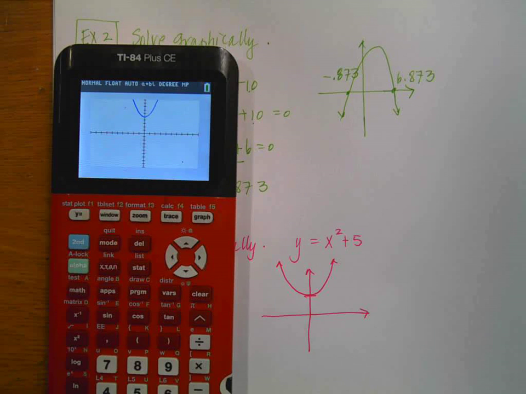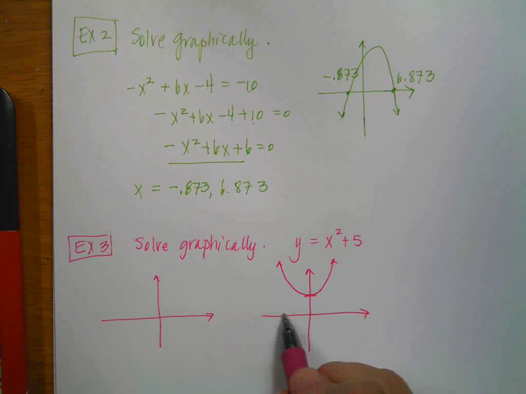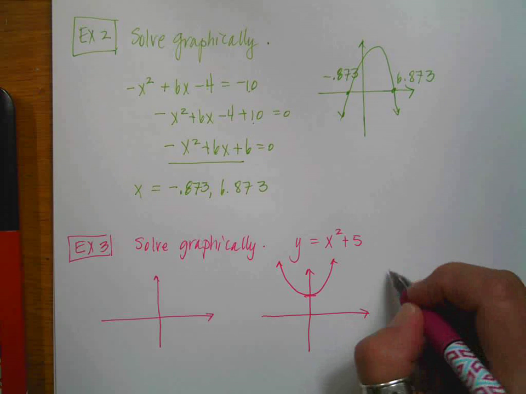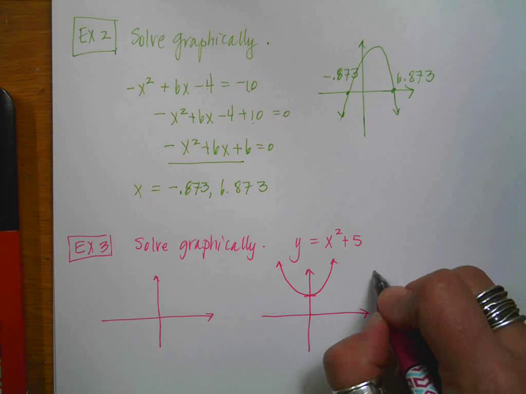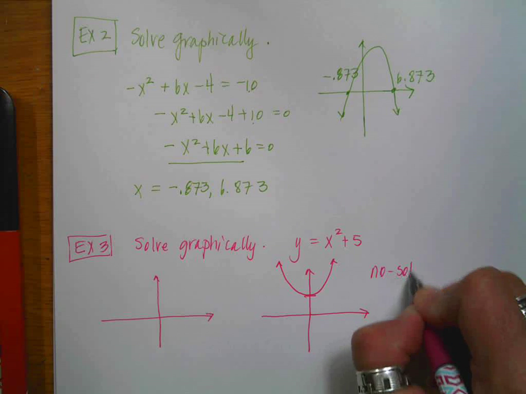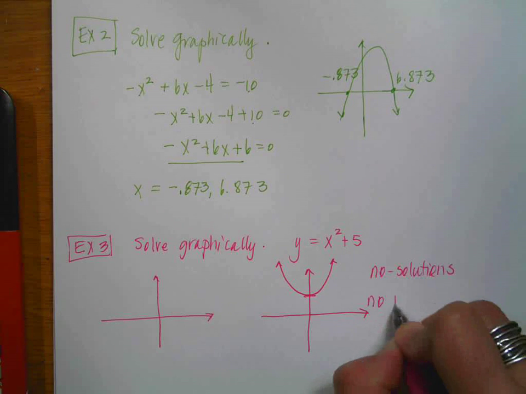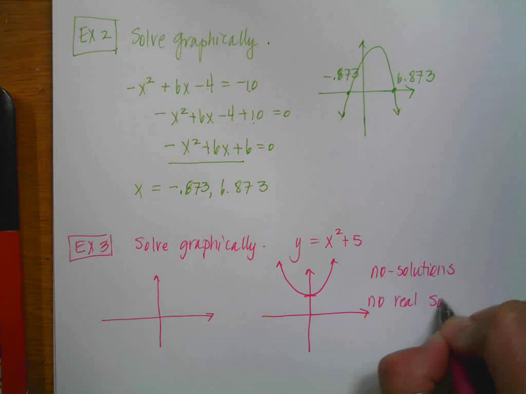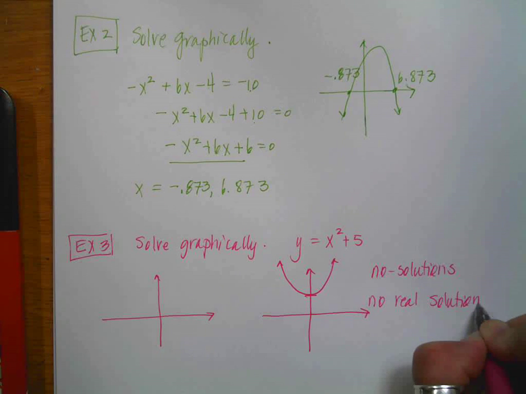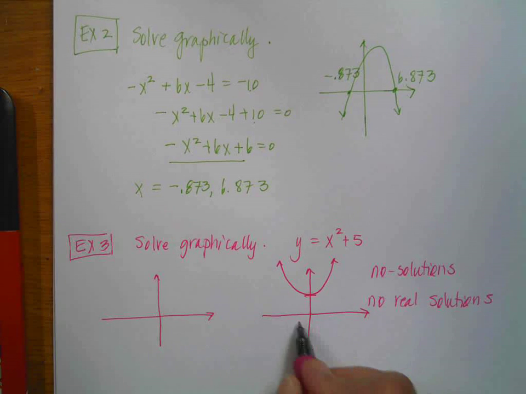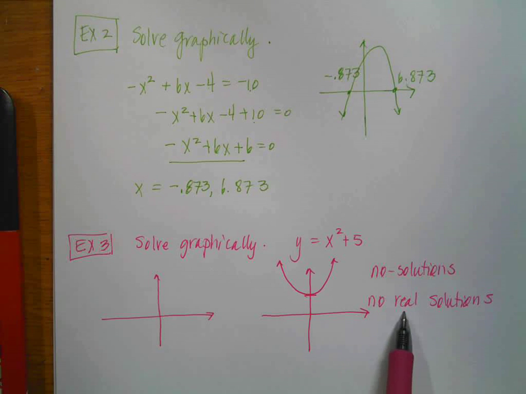Well, this is an interesting conundrum. Notice that my parabola is not crossing the x-axis. So that means a couple of things. It means that there are no solutions, and I would qualify that by saying there are no real solutions. Because it doesn't cross the x-axis, that means that there are no solutions. And so this would be my answer.